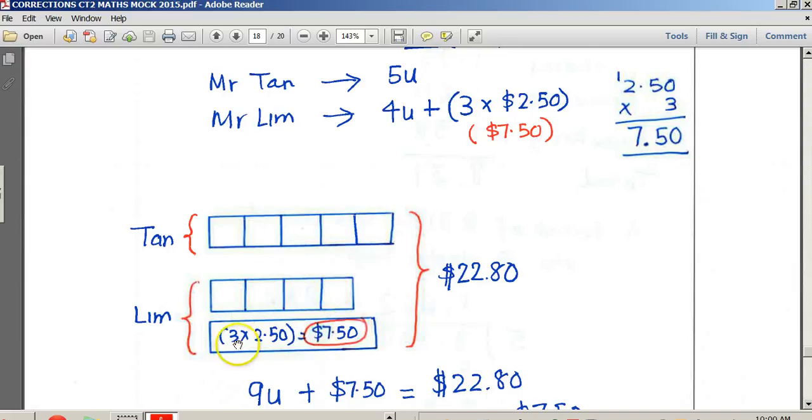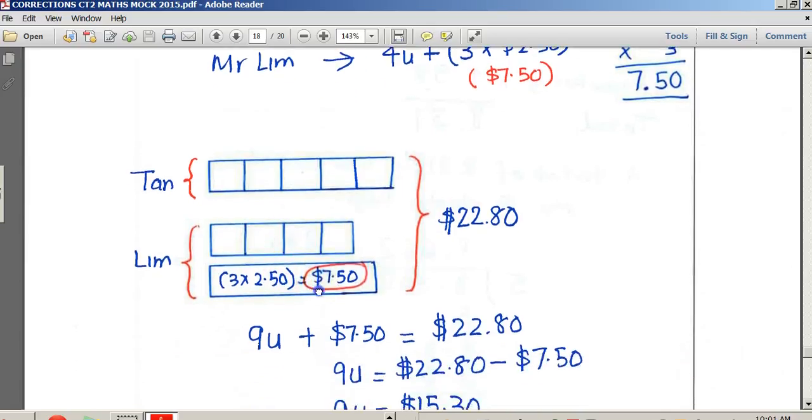This box here is $7.50. Now all you need to do is 5U, 4U, 9U plus 750.